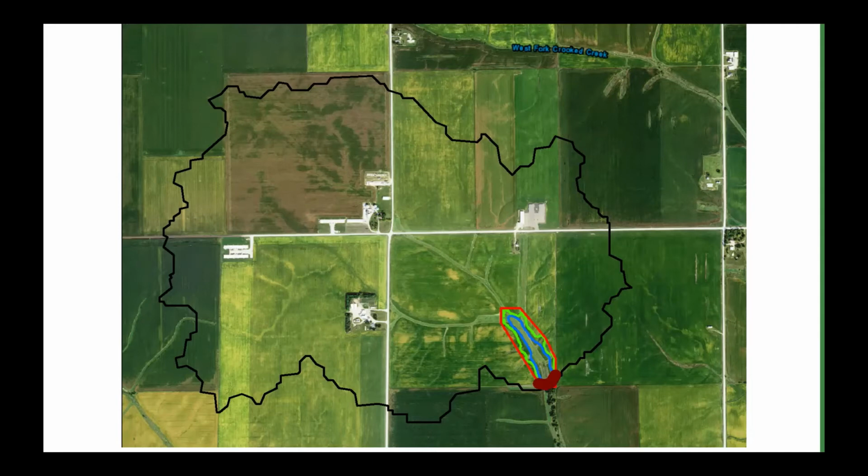So you can see this is prior to construction of this project, but at that time it was just a grassed waterway. But then by putting that structure down where that darker red line is towards the southeast portion of the map, that's where our ability to impound water is, and you can think of it similarly to a pond.